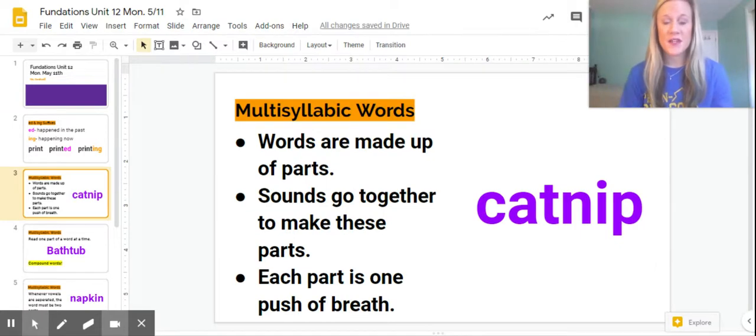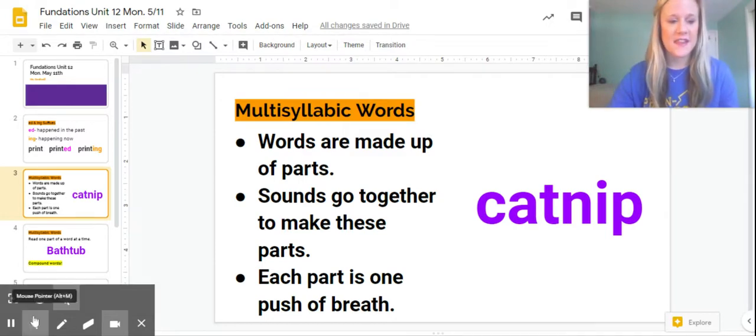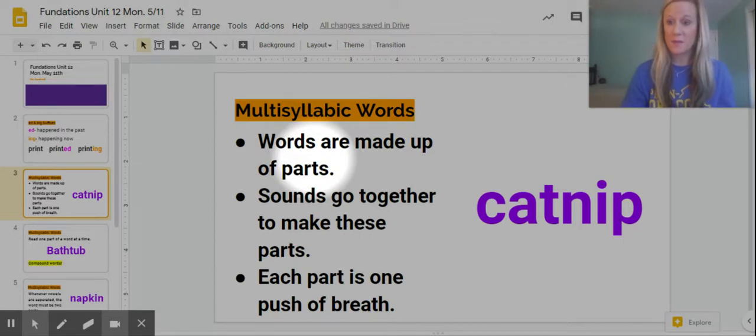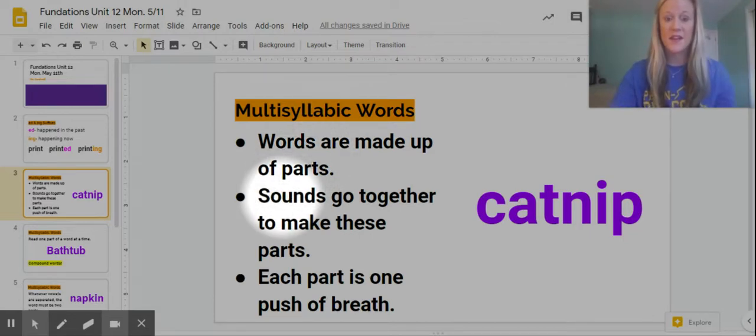All right, next we're going to be talking about multi-syllabic words. That's a new word. So let's see. That means words are made up of parts. We know that we have different parts in our words. We have different sounds that go together to make them. Sounds go together to make these parts. Each part is one push of breath.